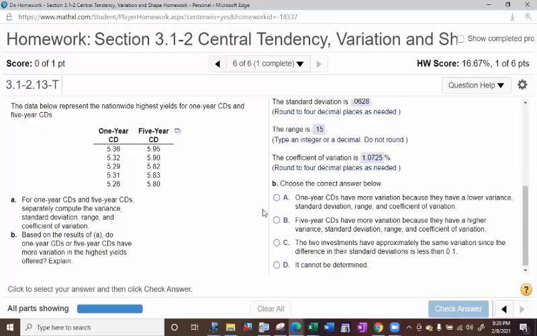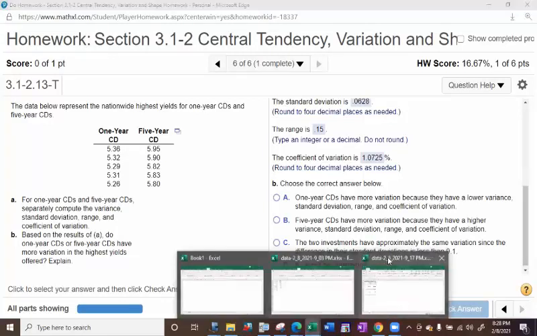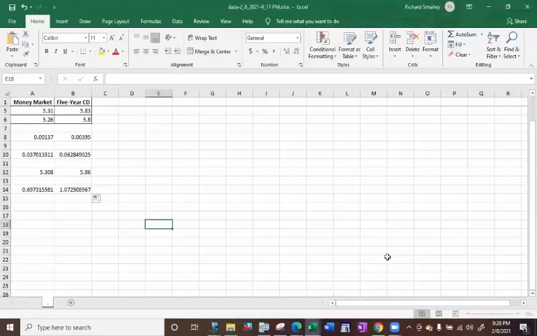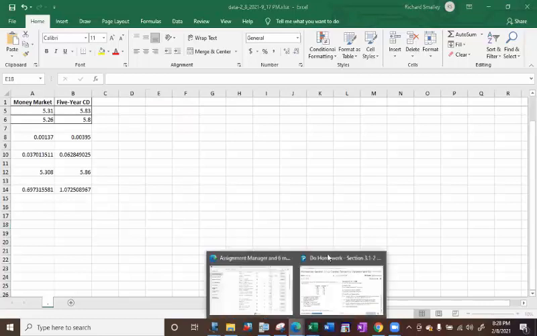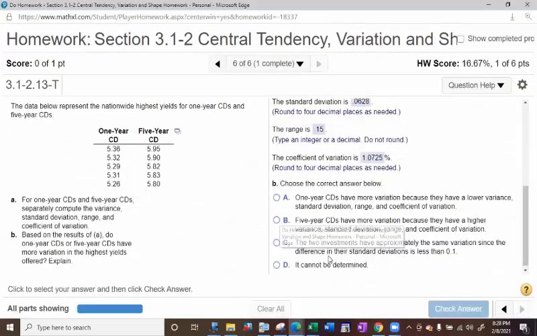Let's check for B. Let's compare the 5-year. Five years do have more variation. The 0.00395 is greater than the 0.00137. Higher coefficient of variation.